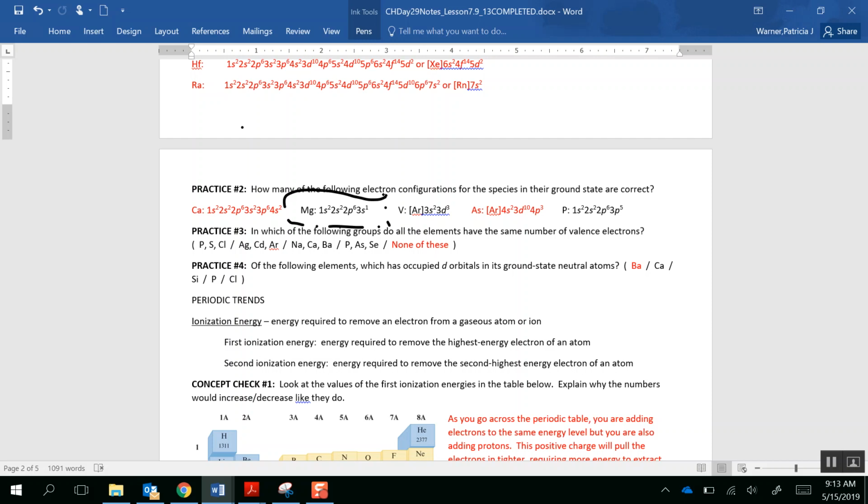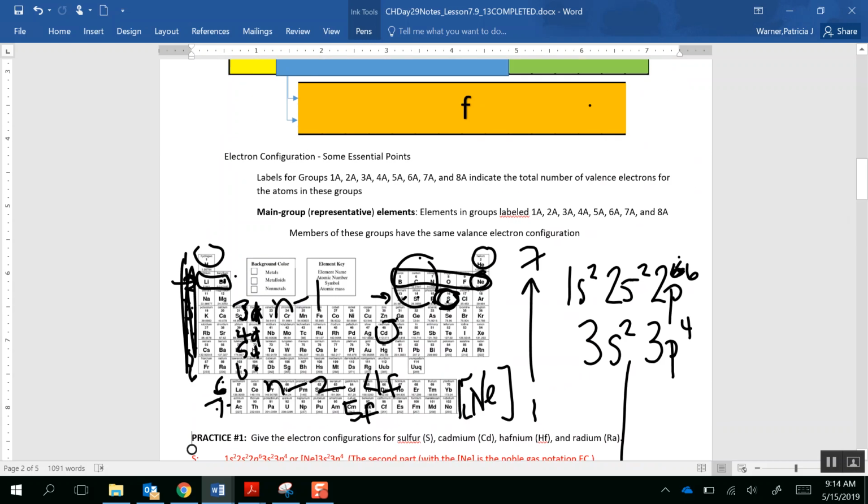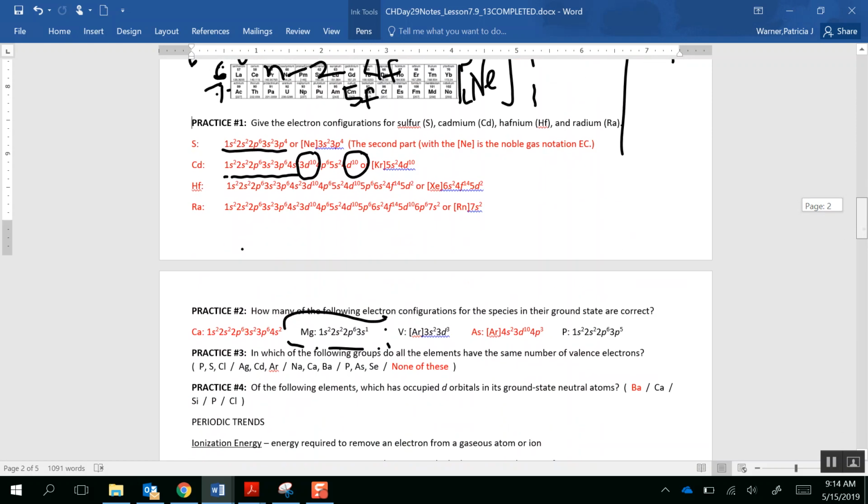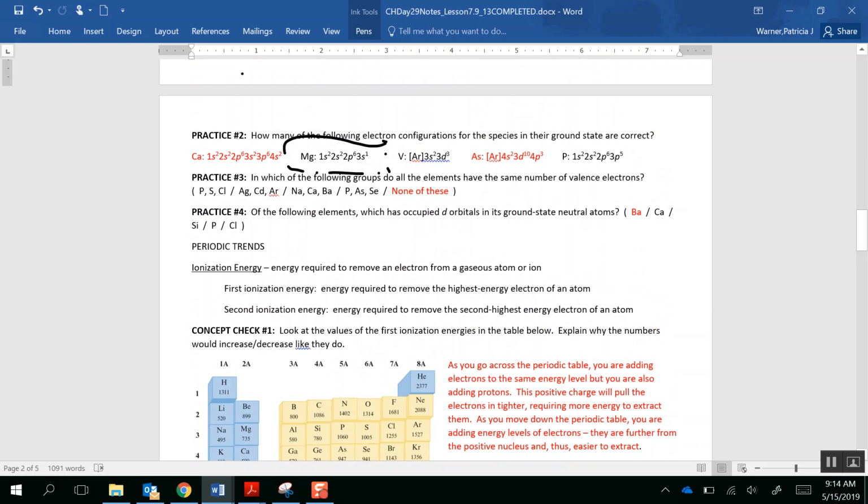Well, that looks like it fits, except magnesium is right here, so you should go over 2 on the S's. So look through those and try to figure out what's wrong with those. The red ones are the ones that are correct.